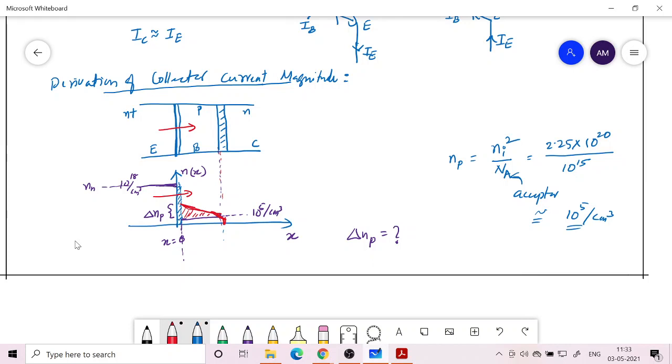So here it is going to be delta np as I have shown, but then it goes to 0 because in the depletion region you will have no carriers. So you can approximate it like a straight line, because our base width is also small. It may be a different shape also, but maybe it is something like this.